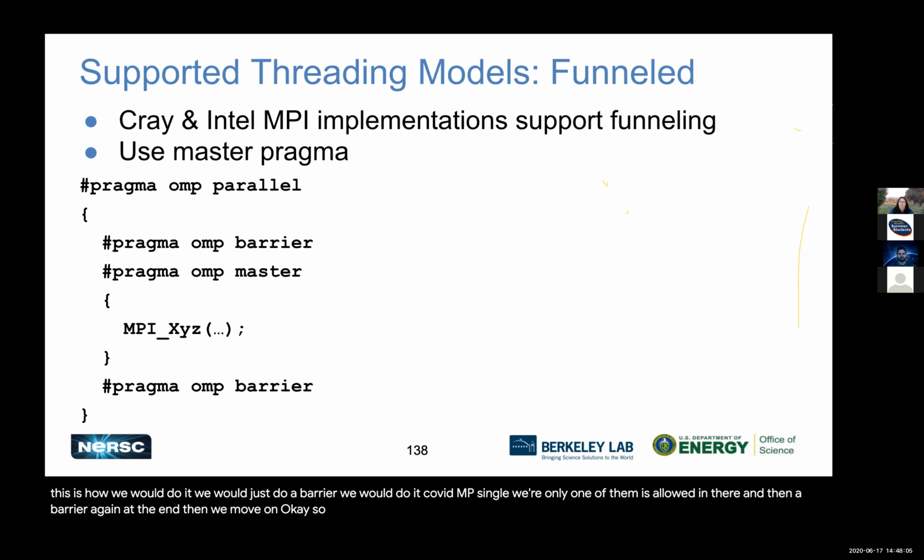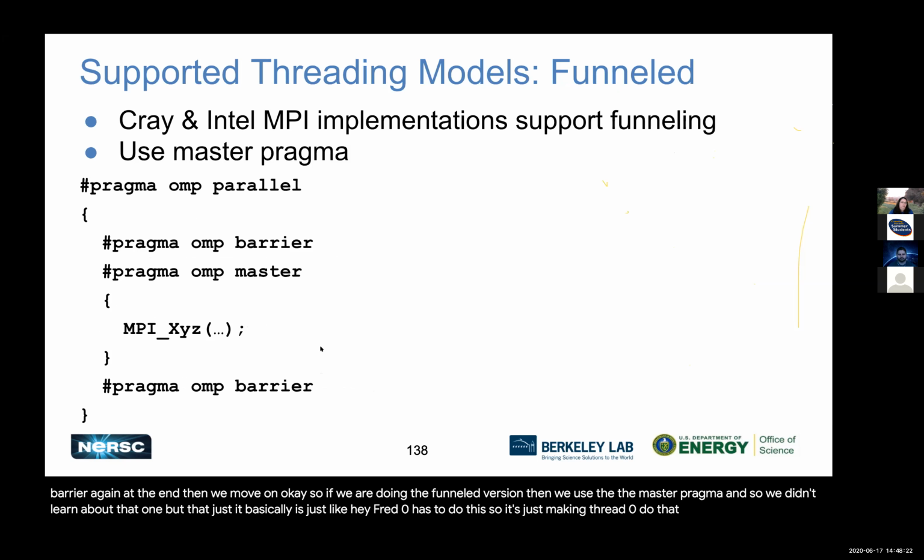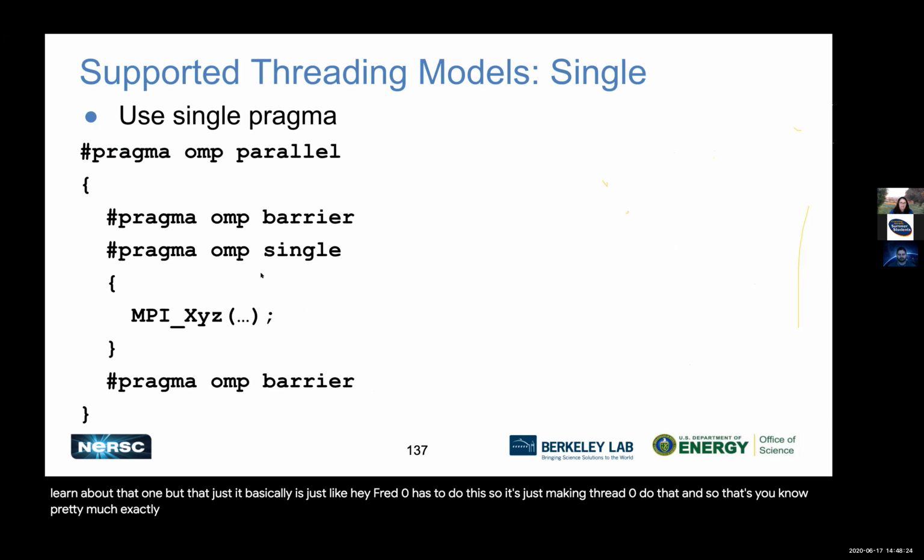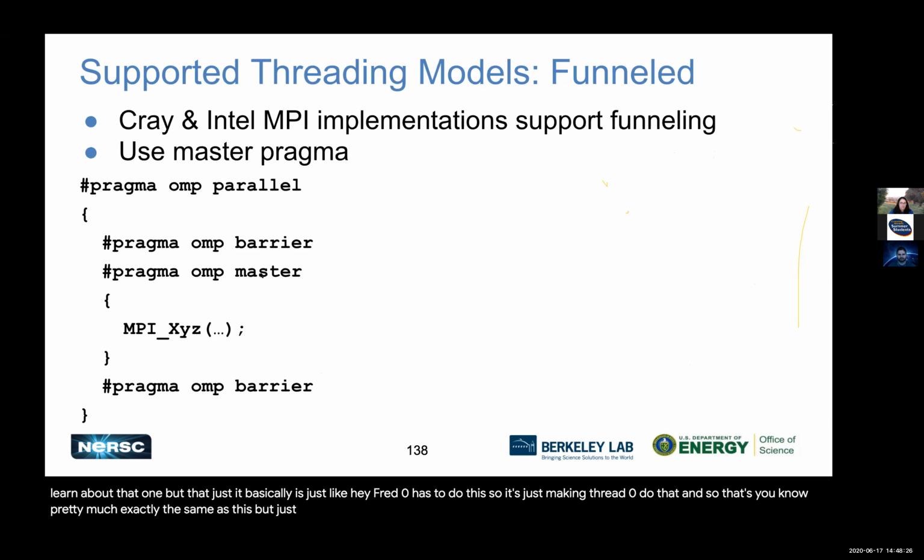If we are doing the funneled version, then we use the master pragma. We didn't learn about that one, but it basically says thread 0 has to do this. So it's pretty much exactly the same as this, but using a slightly different pragma.